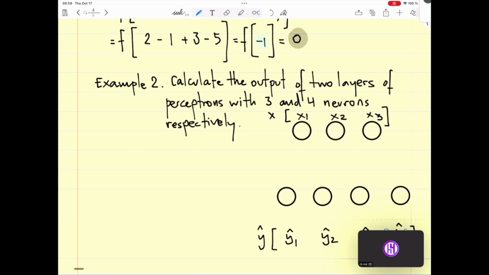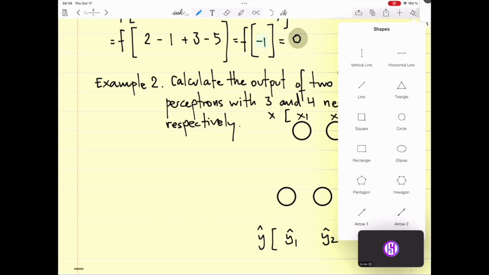And then we have a weight, okay, connecting all neurons to each other.